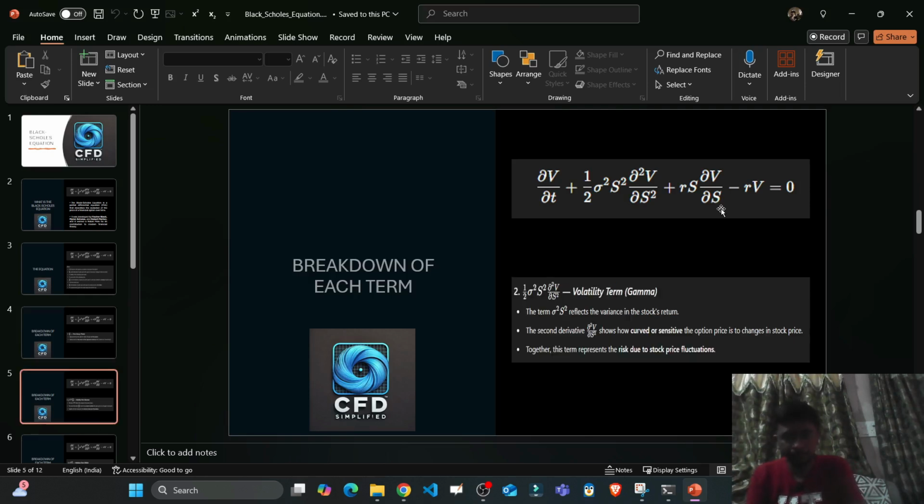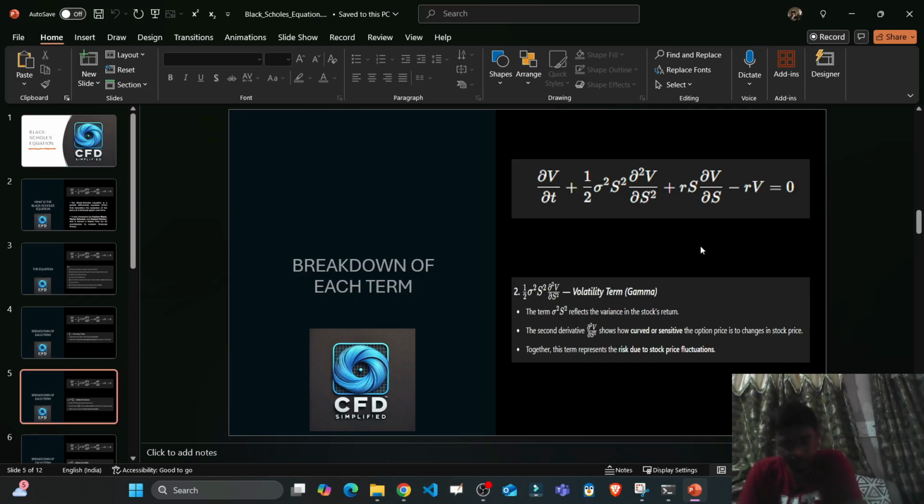Next one, this whole term, half sigma square S square del 2 V by del S2. This is the volatility term. The term sigma square S square reflects the variance in the stock's return, like how much fluctuation is happening in your stock, if we are talking about shares.